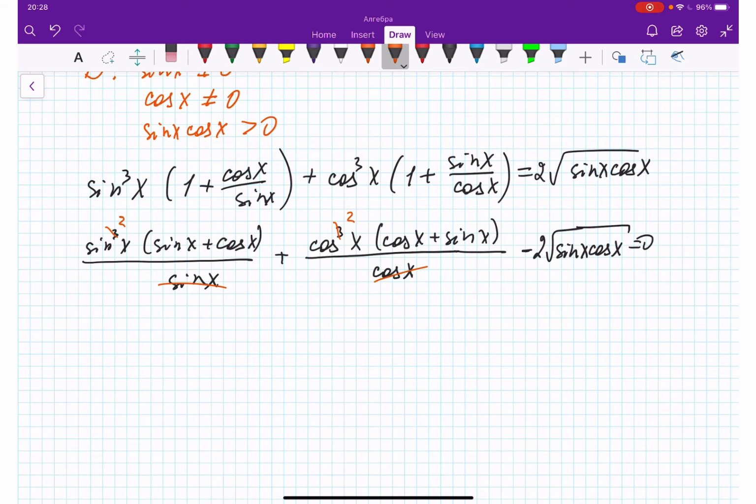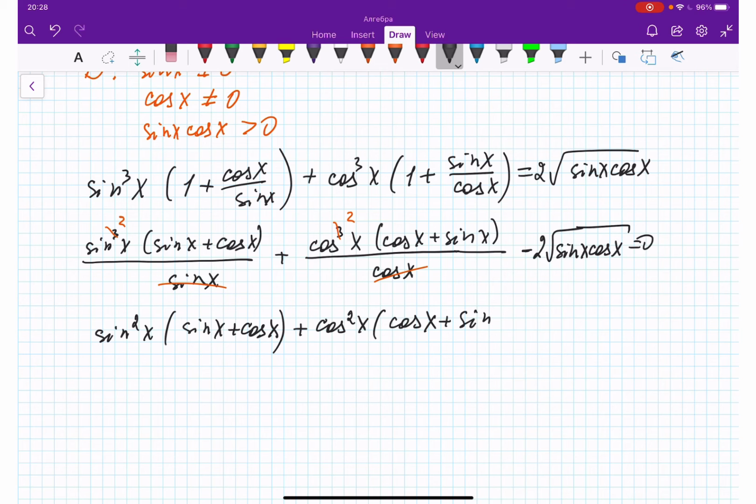And I'm getting sine squared x times (sine x plus cosine x) plus cosine squared x times (cosine x plus sine x), minus 2 square root of sine x cosine x equals 0.